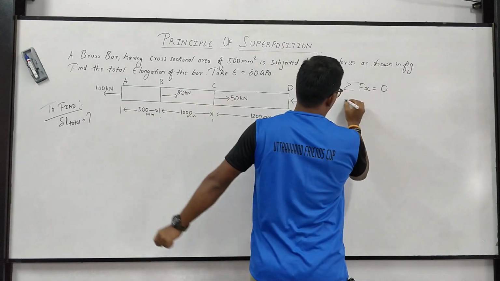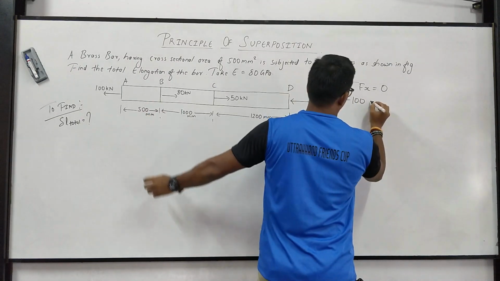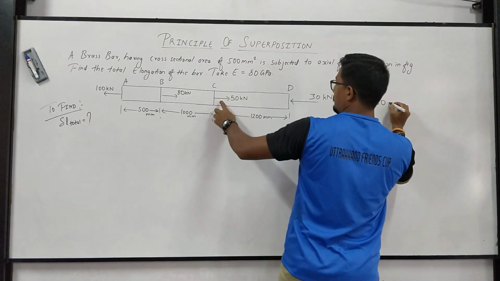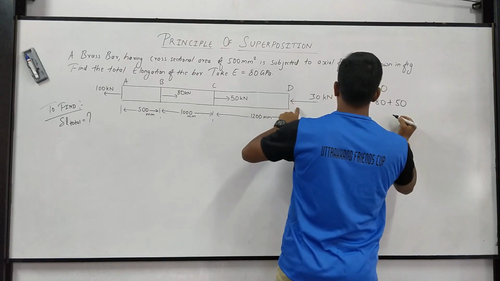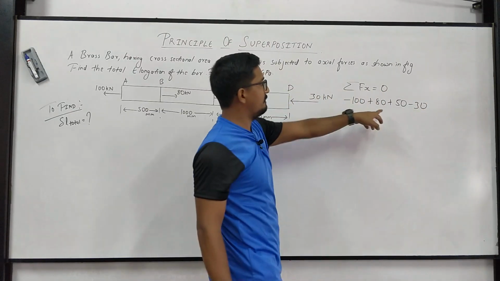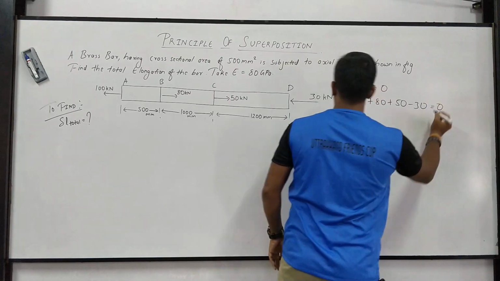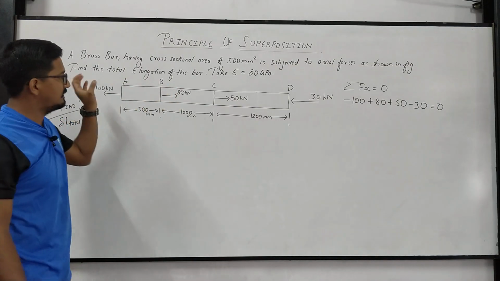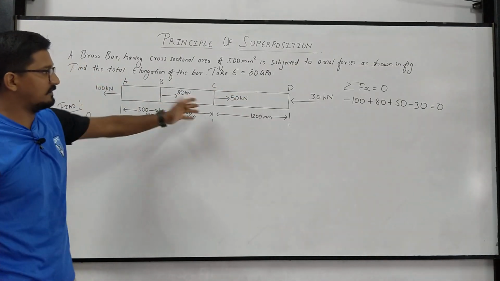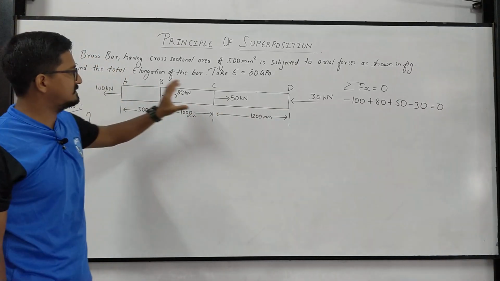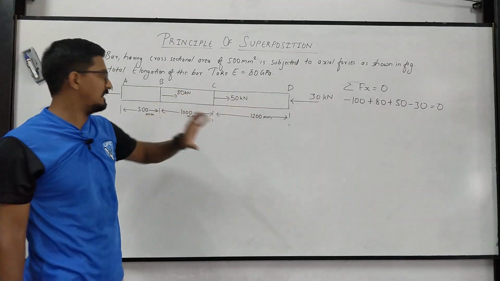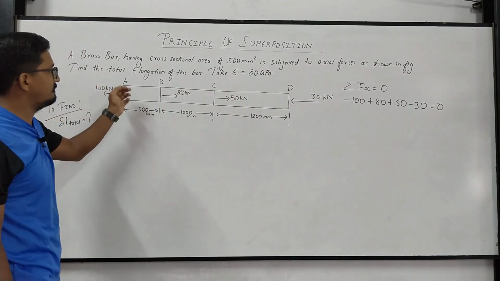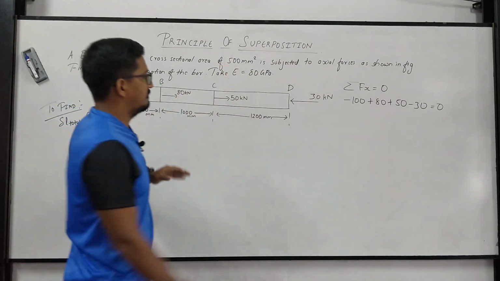Therefore it will be minus 100 kilonewton plus 80 kilonewton plus 50, and then minus 30. We can see the summation of all becomes 0. So this problem is correct. We are cross checking that the problem is correct, so now we can proceed further. This is how we check the authenticity of the problem. This whole system can be analyzed. Minus 100 plus 80 plus 50 minus 30 gives you 0.